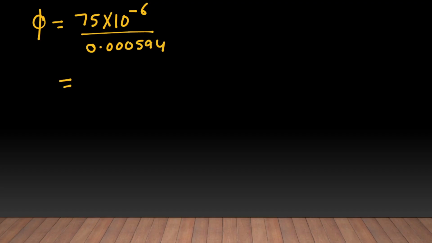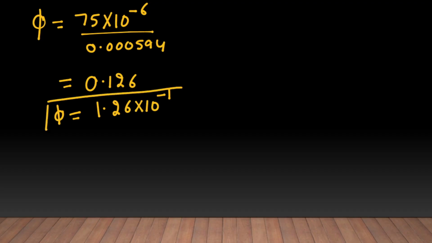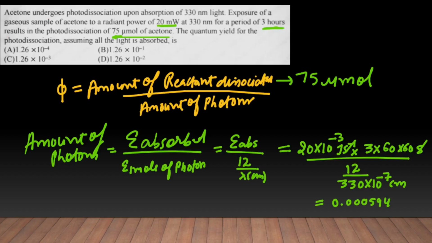On solving this, the value we get is 0.126, which becomes 1.26 into 10 to the power of minus 1. So this is our quantum yield. Okay, so the answer is option B, right?